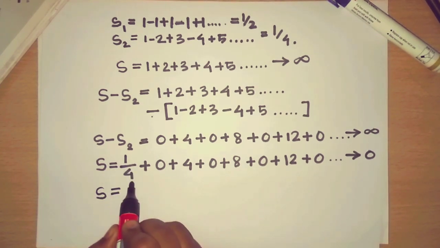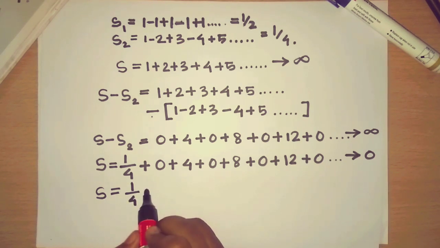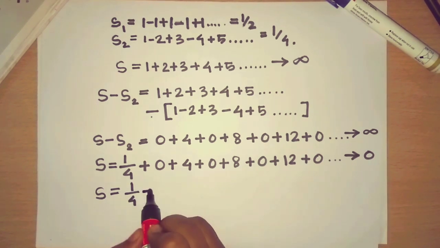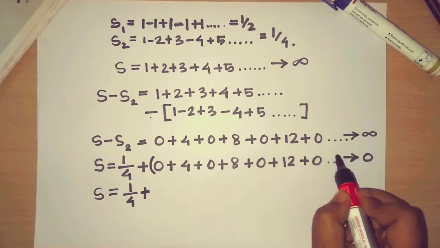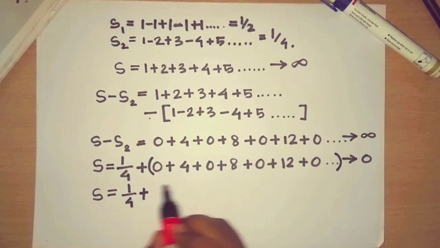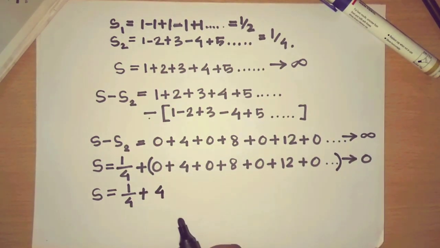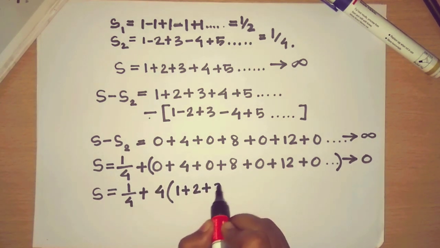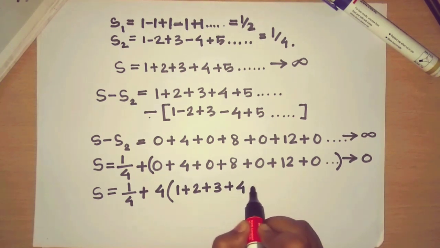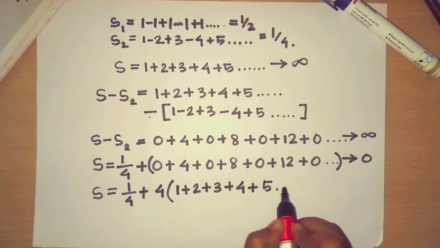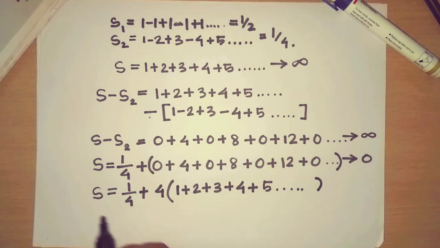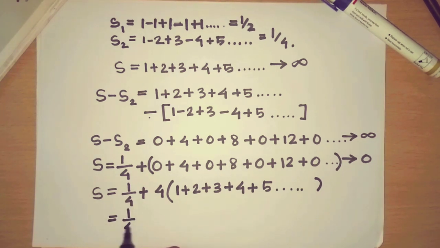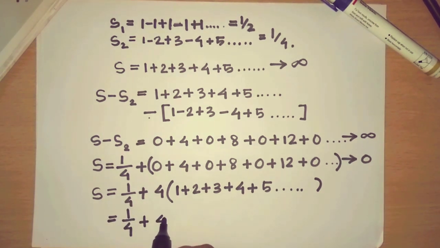So s equals, we keep 1 by 4 here. Now we take 4 common from here, and we get 1 plus 2 plus 3 plus 4 plus 5, and it goes on, and almost we are there. 1 by 4 plus 4 times that.